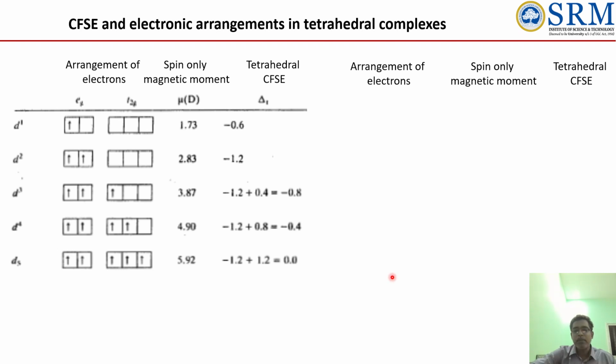So what happened to, for example, the d8 system? If you are talking about the d8 system, for both the strong field and weak field ligands, the number of electrons occupied in the t2g and the eg remains the same. So for d8, d9 and d10, for all three systems, the CFSE for both strong and weak ligand remains the same.